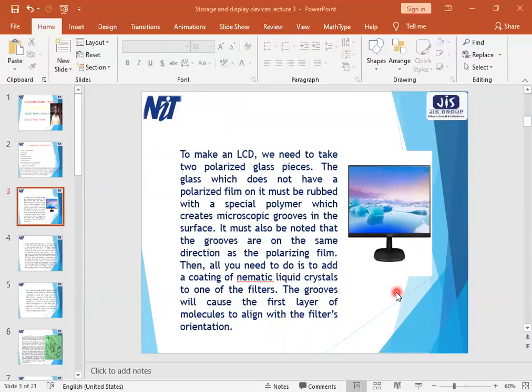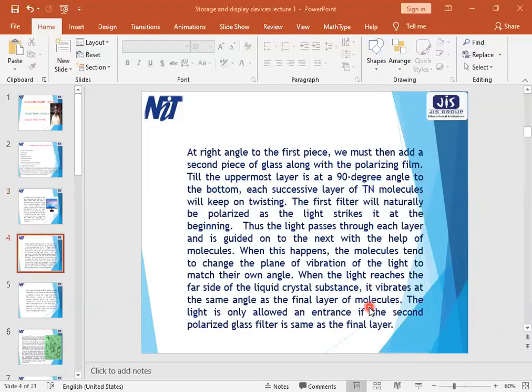Now, we need to add a coating of nematic liquid crystal to one of the filters. The grooves will cause the first layer of molecules to align with the filter's orientation. At right angle to the first piece, we must then add a second piece of glass. I have written it for your convenience with the polarizing film.